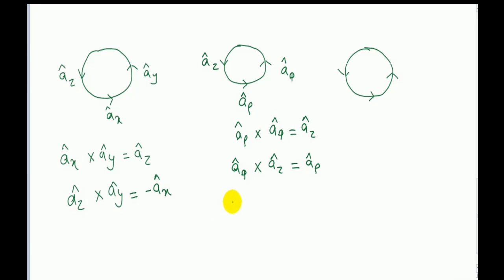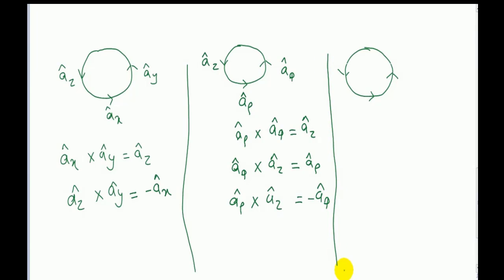If I do the opposite, suppose I am doing a rho cap cross az cap, moving in the anti-clockwise direction, I will get minus a phi cap. So we have to move in the anti-clockwise direction to get the positive unit vector, and if we go in the clockwise direction, we will get a negative unit vector.